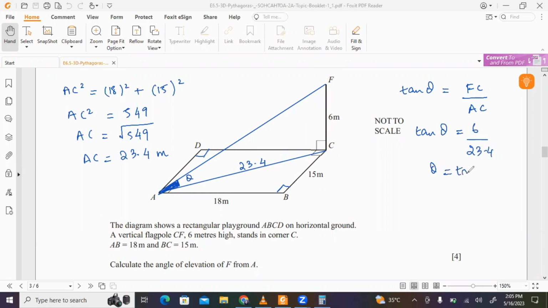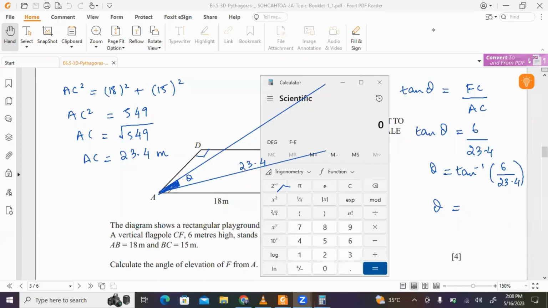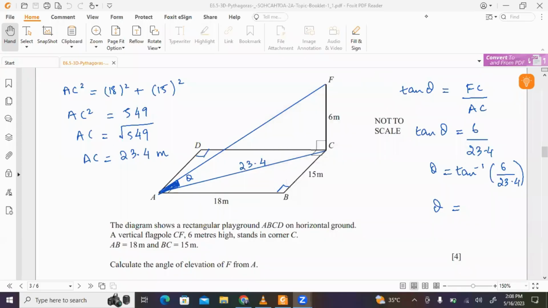Theta equals tan inverse of 6 divided by 23.4. So we plug this in the calculator, and that equals 14.4 degrees. That is your angle of elevation.